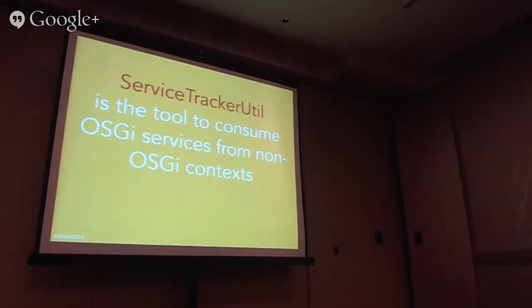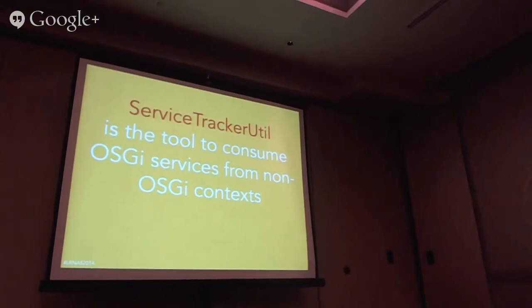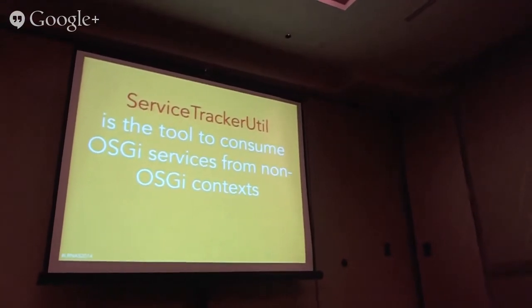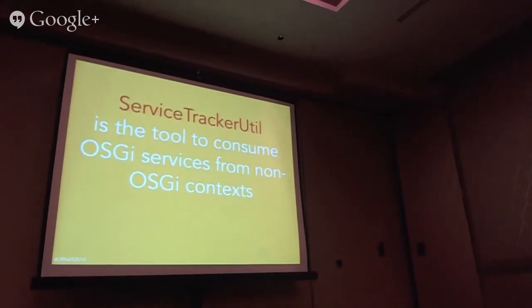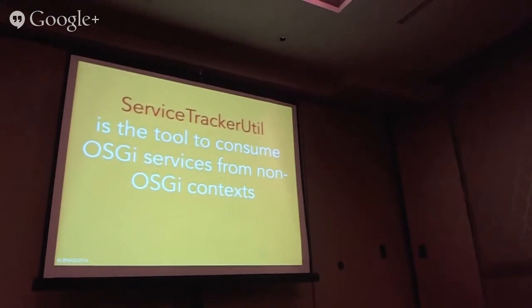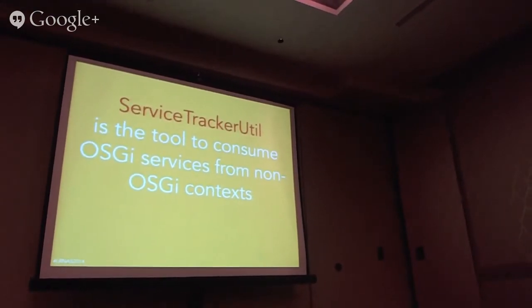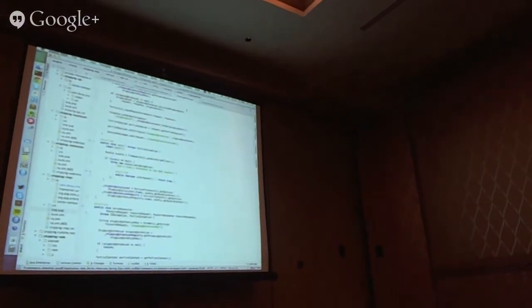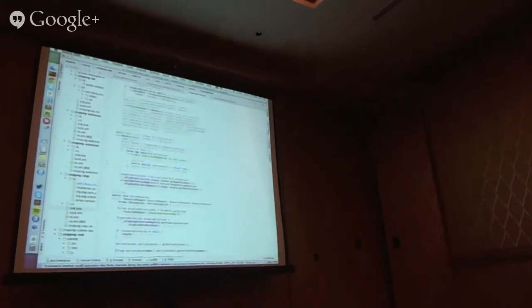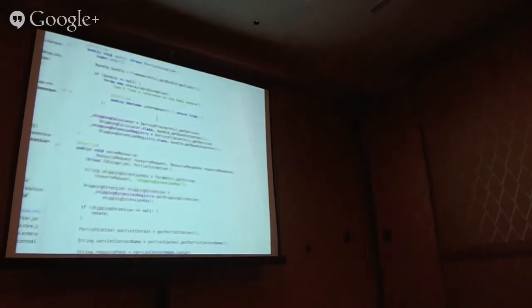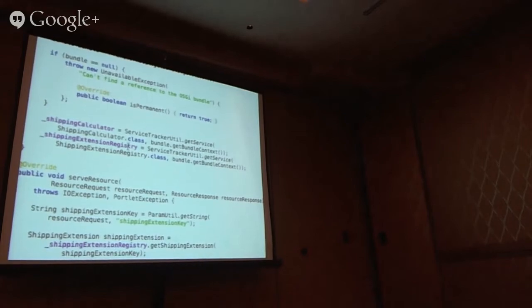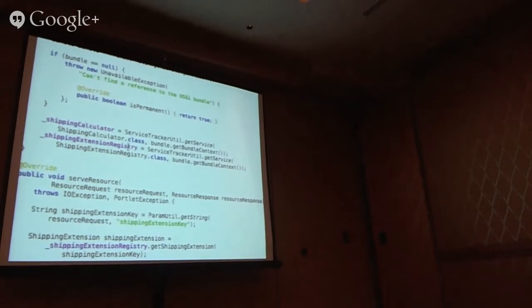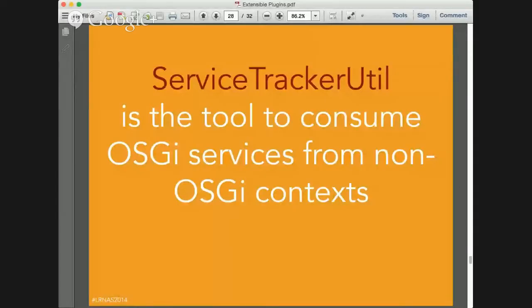We have seen how to access the available OSGi services from a component with a reference annotation. But what happens with objects that are not instantiated by the OSGi container? So how do we connect the library world with the OSGi world? How can we search OSGi services from a library? There is a utility class, ServiceTrackerUtil, that allows us to search services that implement specific interfaces.